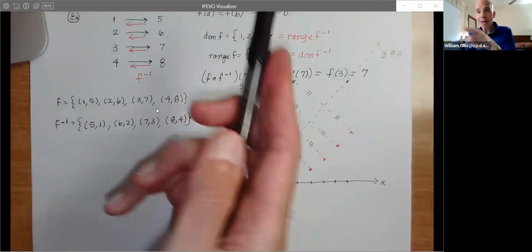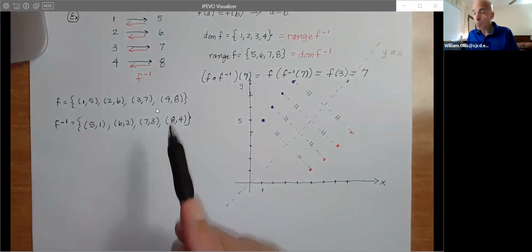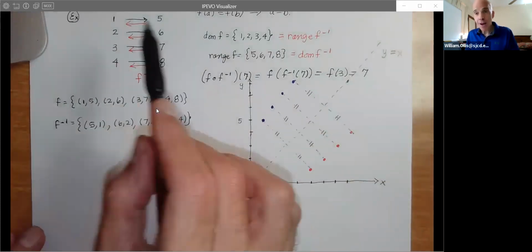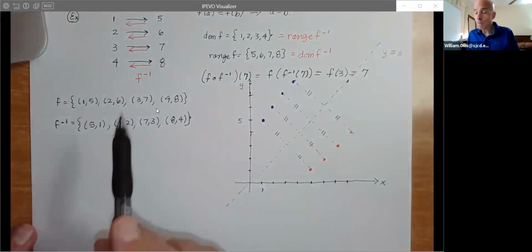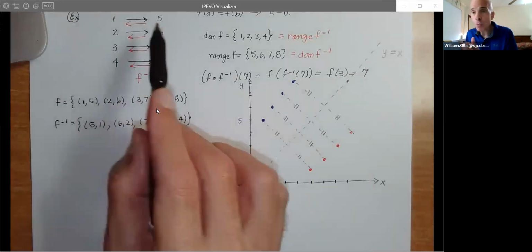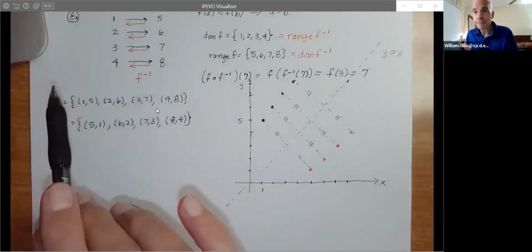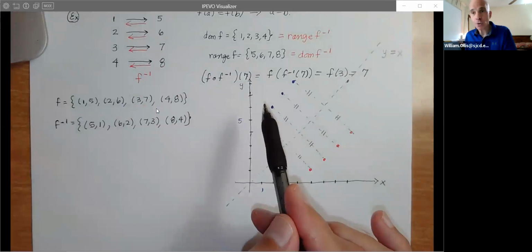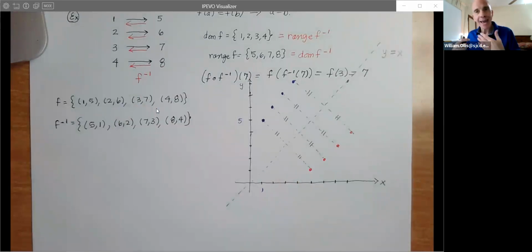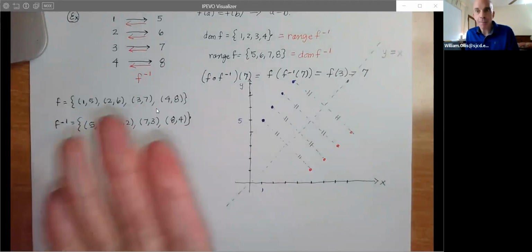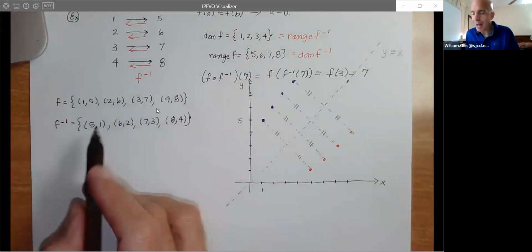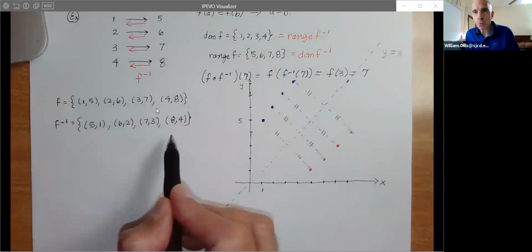The range and domain interchange. One-to-one functions define inverse functions. So f has all the information in it. F defines the inverse.